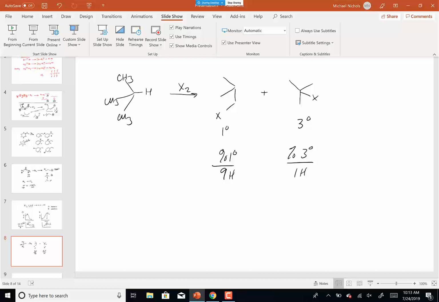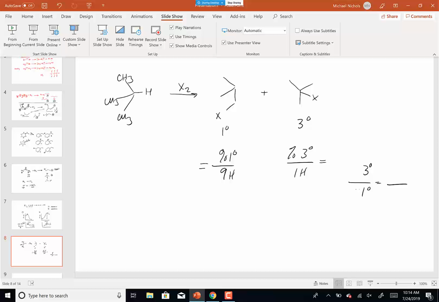So I'm going to get my percentage, divide through by the number of hydrogens to get me that product, and take the ratio of these two numbers. So I'm going to have a number for tertiary to primary.